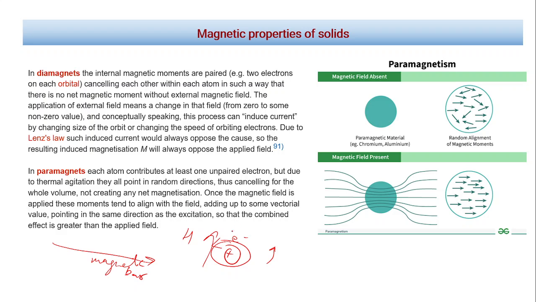It arises because of the motion of electrons around the nucleus, which gives orbital angular momentum. You have seen the derivation in this week's lecture already, of how we get a term which tells us the magnetic moment induced in the diamagnetic material.